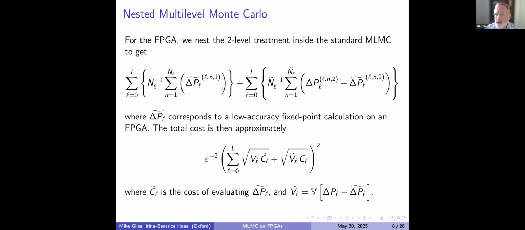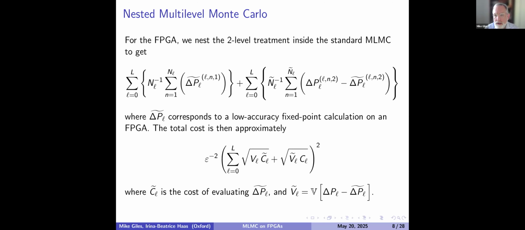In that correction term, the delta P will be computed on a CPU, the delta P tilde will be computed on the FPGA, but they'll both be computed using the same random input. So again, the two-level multi-level structure works for this inner sampling.